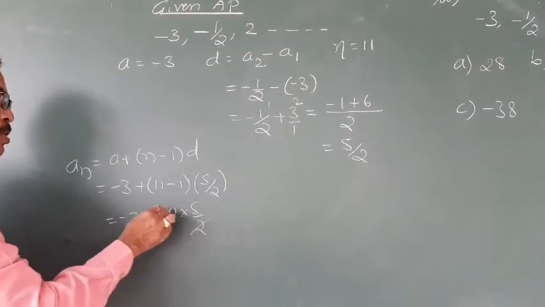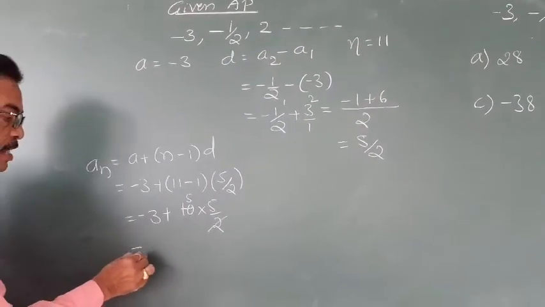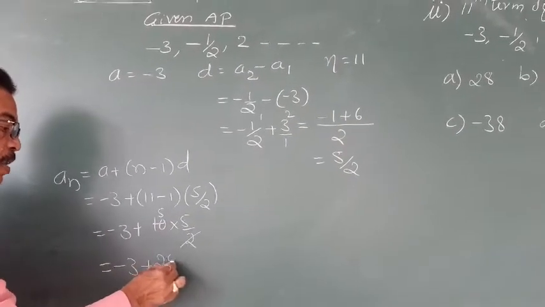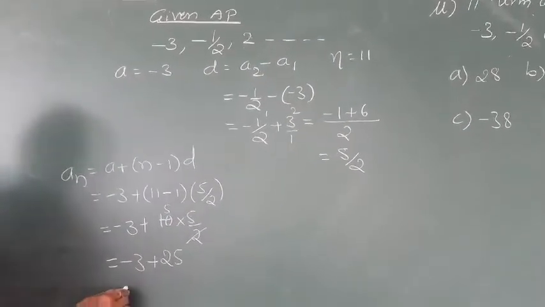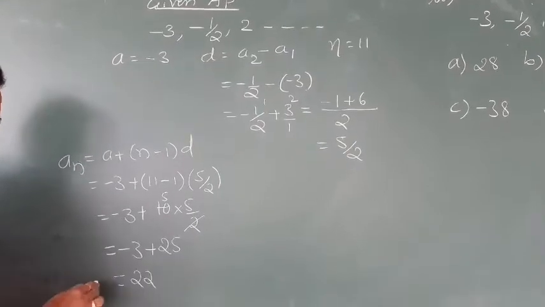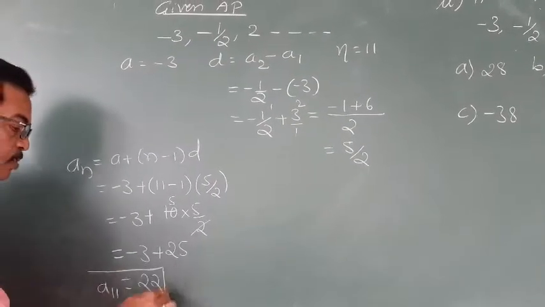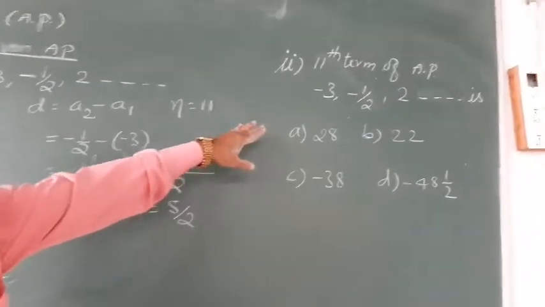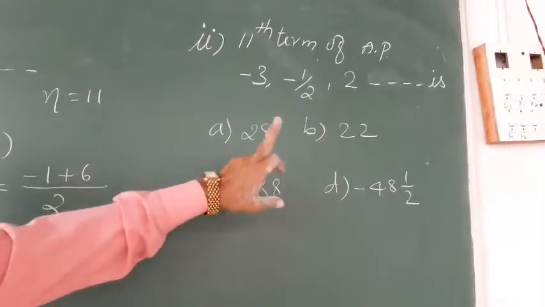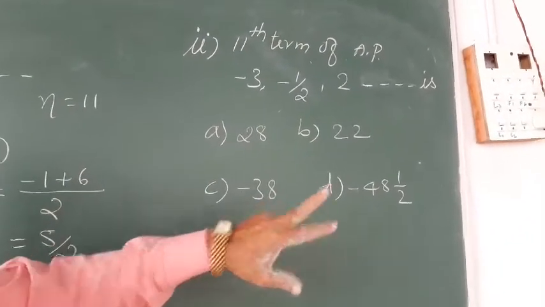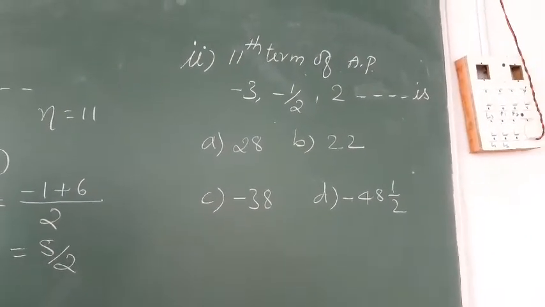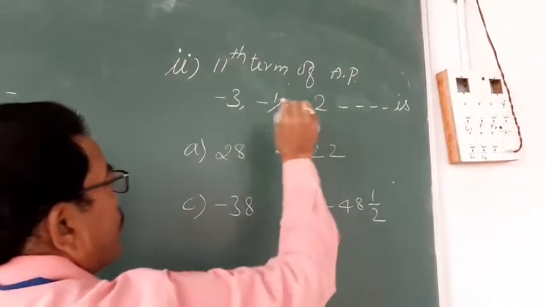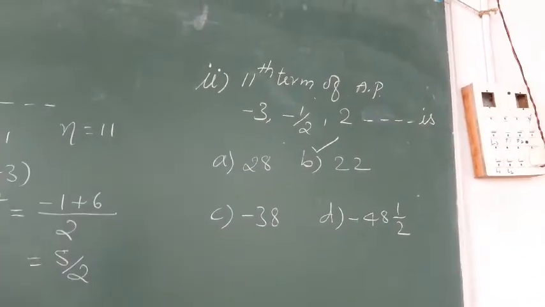So 2 5s are 10, that is equals minus 3 plus 5 5s are 25. 25 minus 3 is 22. That is a11 is 22. Then observe the given options, 28, 22, minus 38, minus 48 and 1 by 2. 22 is the correct option for the given question.